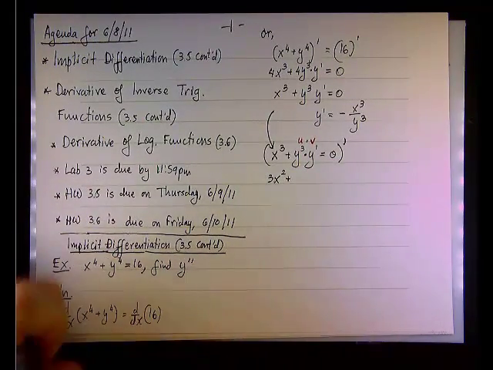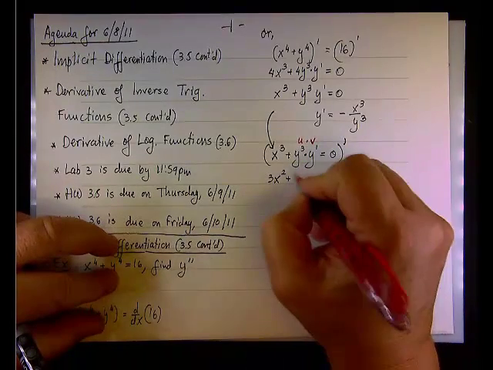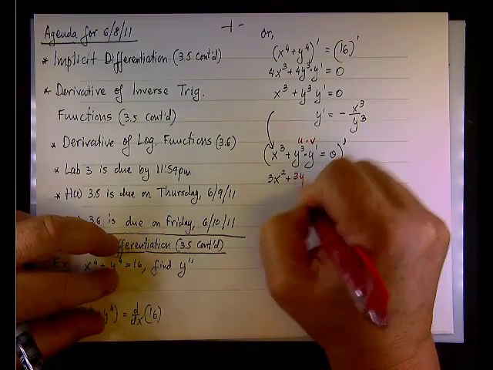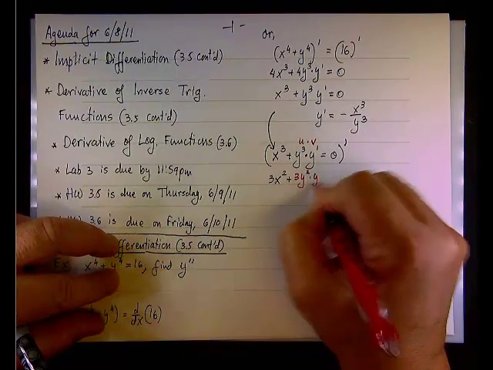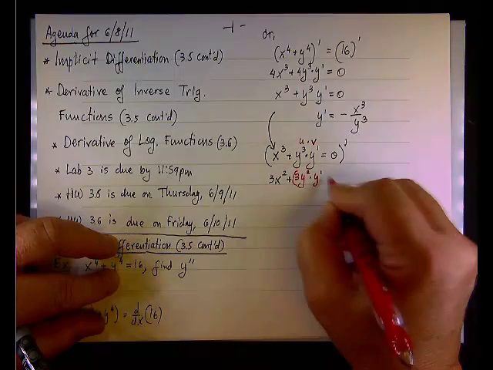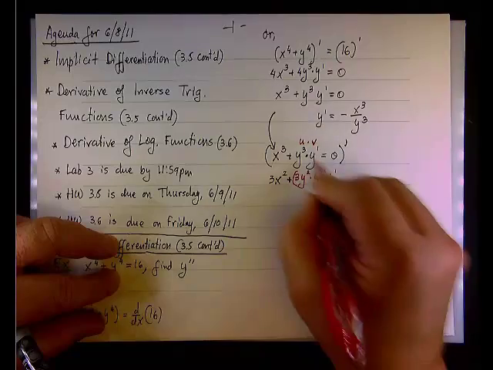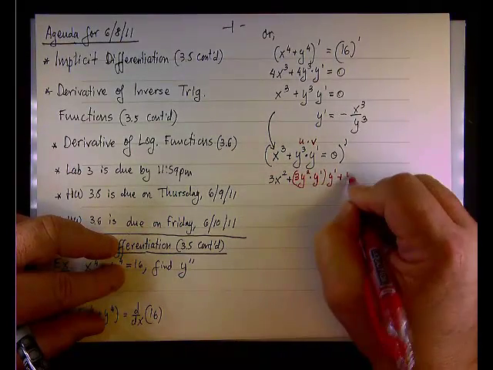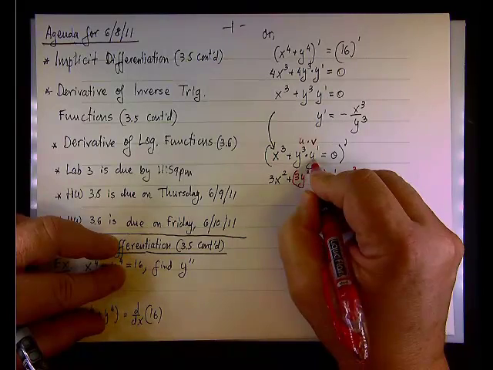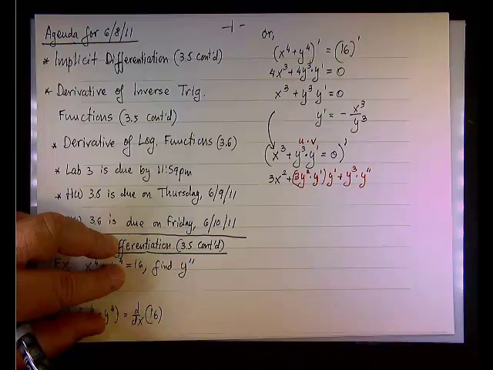U prime will be the derivative of y cubed. Well, the derivative of y cubed will be 3y squared times the derivative of y, which is y prime. So this is u prime, and then I need to multiply it by y prime, which is v, and then plus u, which is y cubed, times the derivative of y prime, which is y double prime.